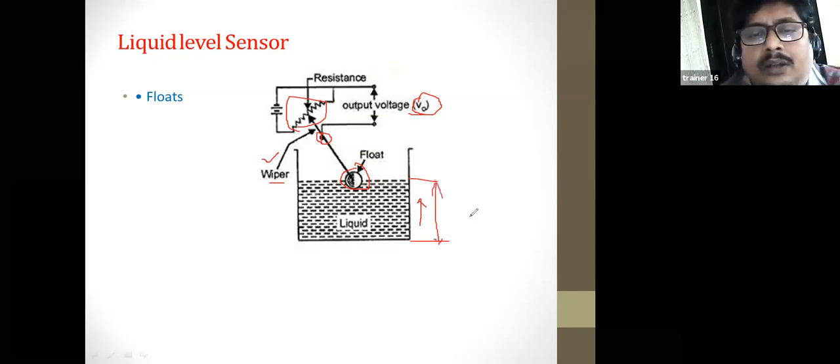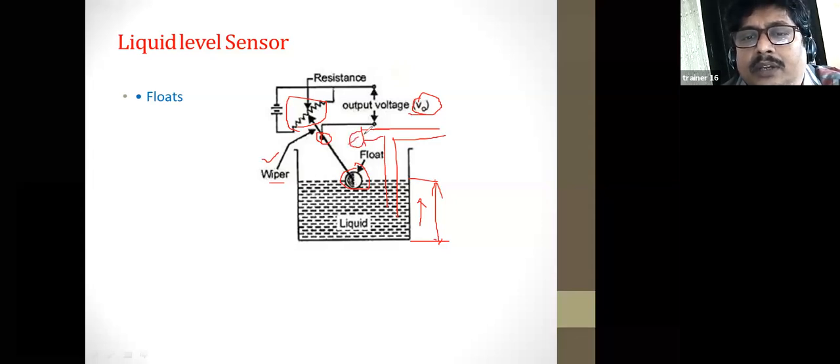This is one example. The bubbler type is also one of the level measurements. Here we have a tank with some arrangement, and we supply pressurized air. When the air goes into the tank, we get small bubbles.